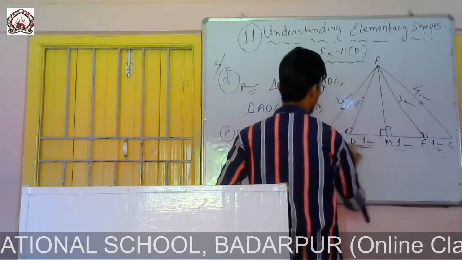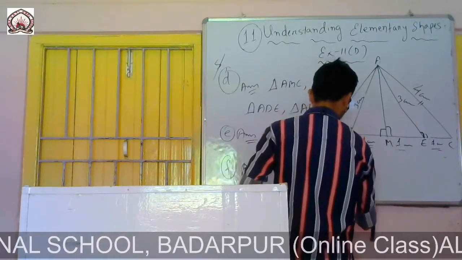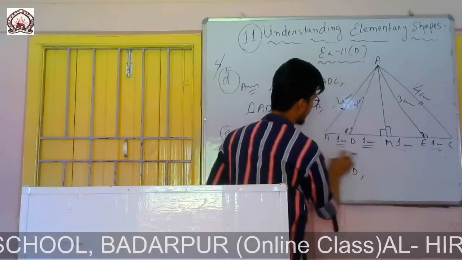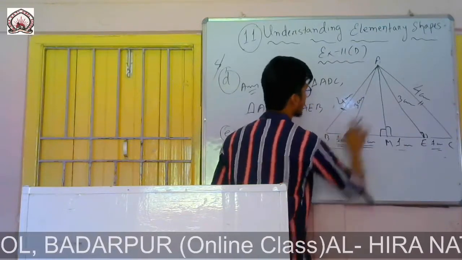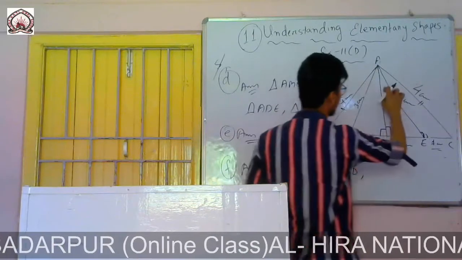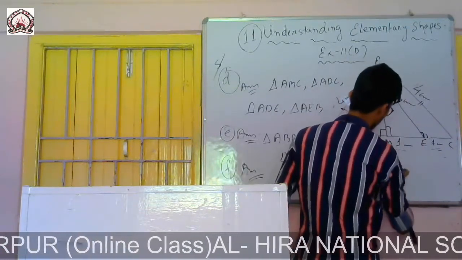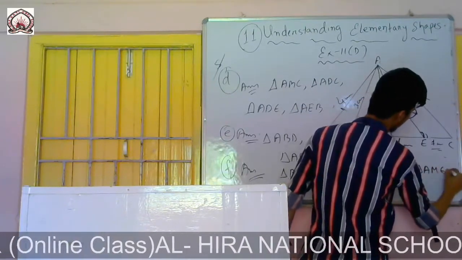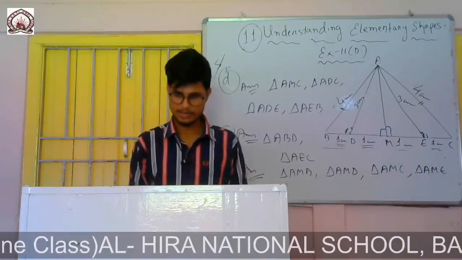So AMB, AMD. AMB, this whole triangle is a right triangle. Then again AMD, this triangle is also a right triangle. Then again AMC and AME, triangle AMC and triangle AME. So these are right triangles.